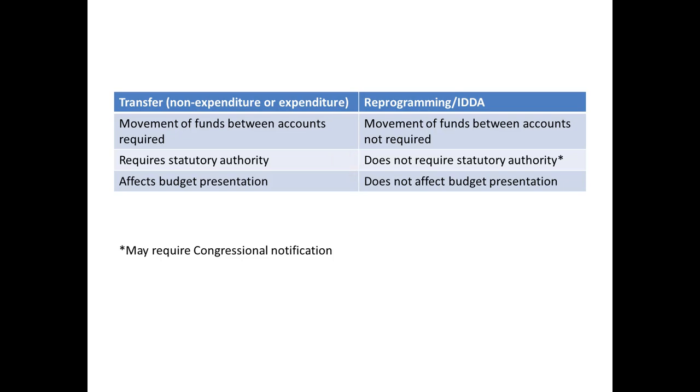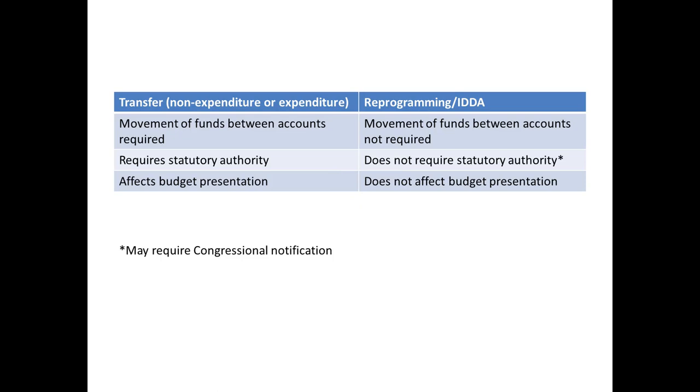There are, however, statutory requirements to report reprogrammings to Congress in a timely manner. From a budget presentation perspective, transfers affect the budgetary resources, while neither the reprogramming nor the IDDA would cause a change of resources on an apportionment, SF-133, or budget program and financing schedule.